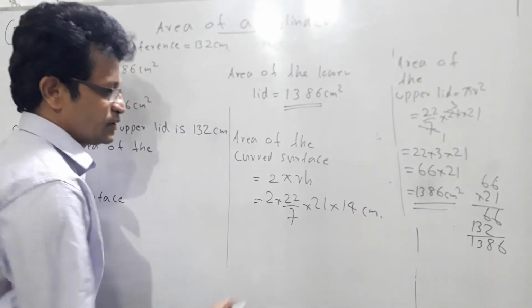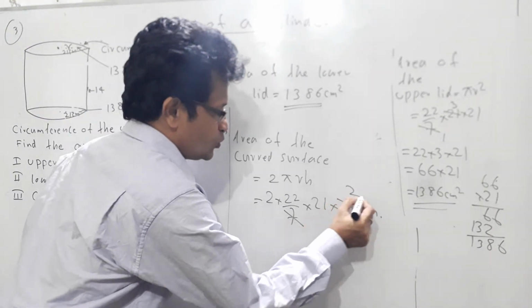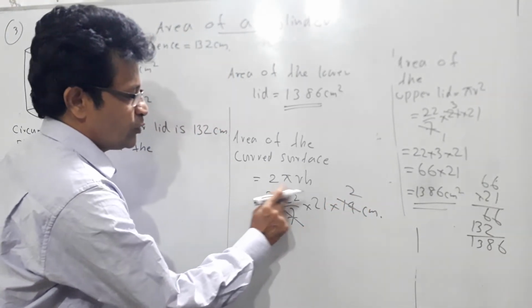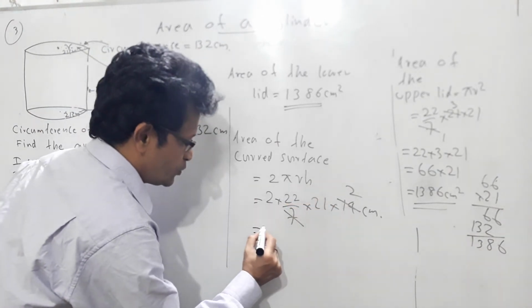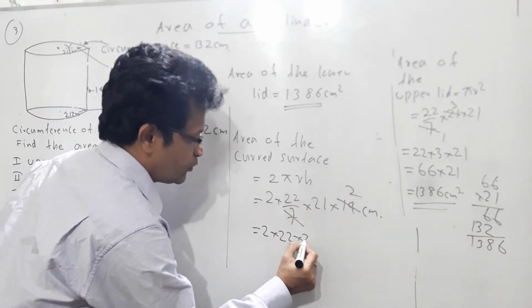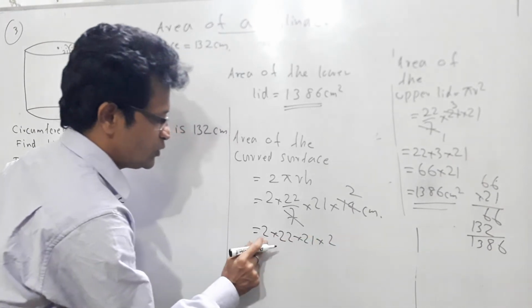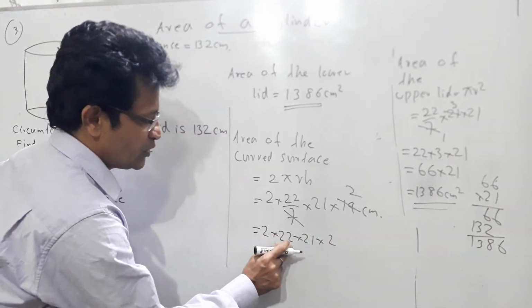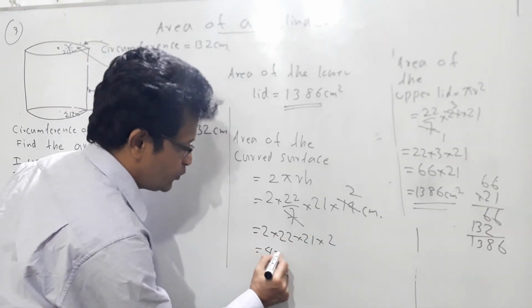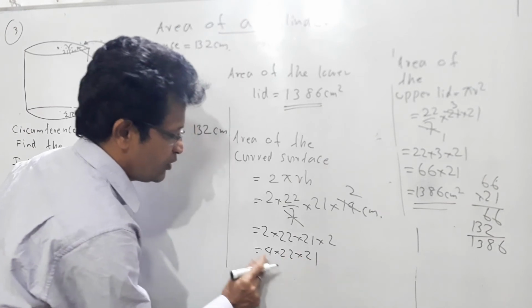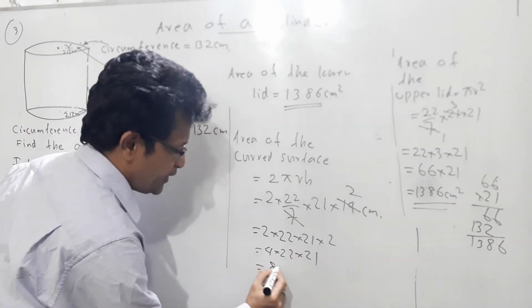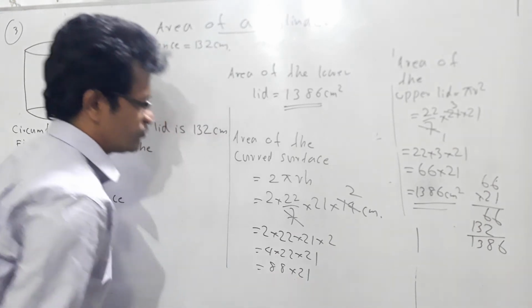So then what? 7 and 14 cancel, 2. Then 2 into 22 into 21 into 2. 2 into 2 is 4. 4 into 22 is what? 88. So we can write 88 into 21.